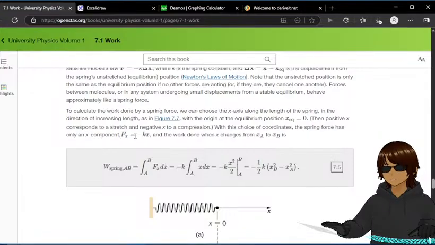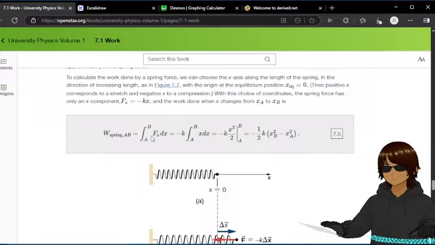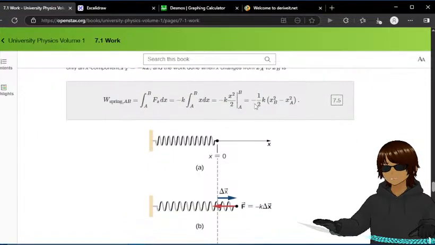F of x is equal to minus kx, and the work done in changes from xa to xb is minus half k (xb squared minus xa squared).